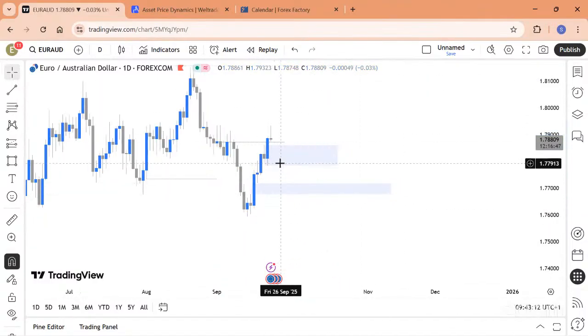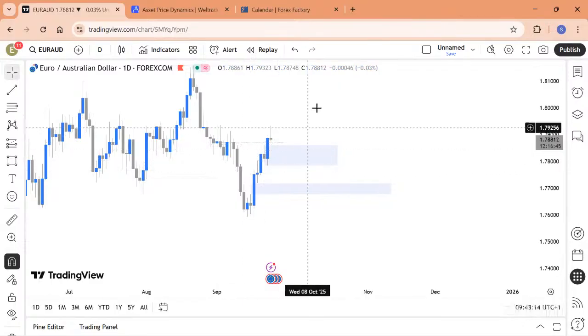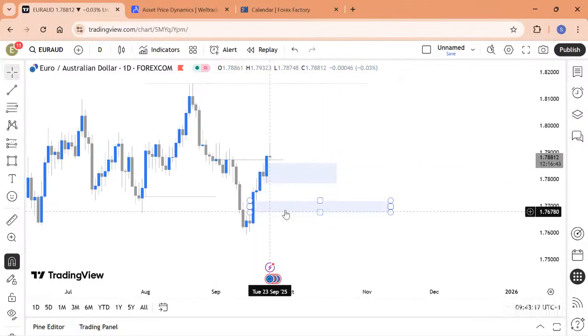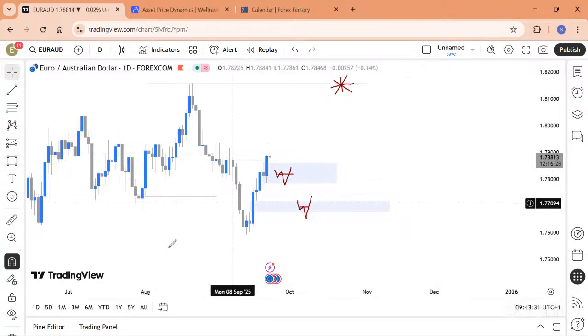So we have here because this is a key level, and then here because of the fair value gap and discounted price. So anywhere we get a confirmation on the 4 hours or 1 hour time frame, we can trade all the way till this high. Is that okay? Now that's my view for Euro AUD.